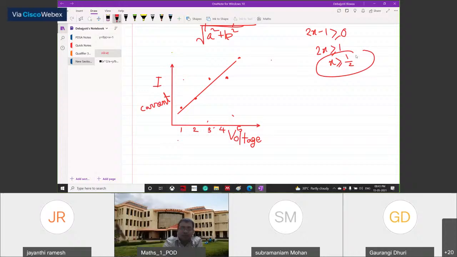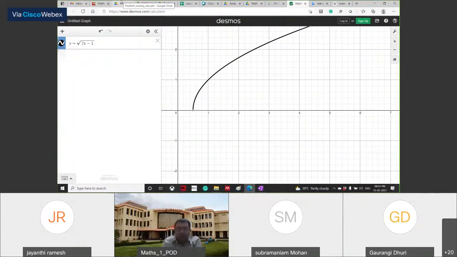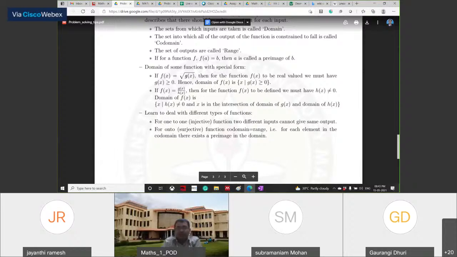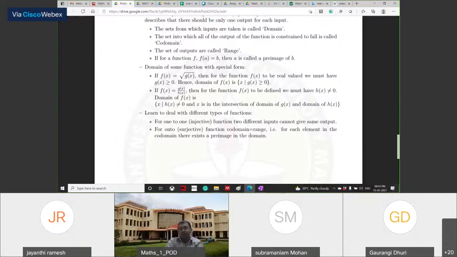Okay. Similarly, this is for this format of a function, root of x, right? Similarly, if you put g of x by h of x, you have the numerator also a term of x and the denominator also a term containing x.